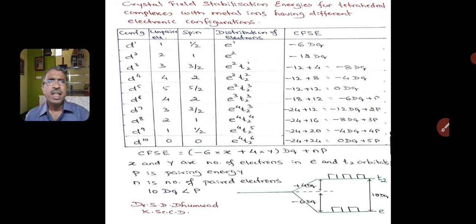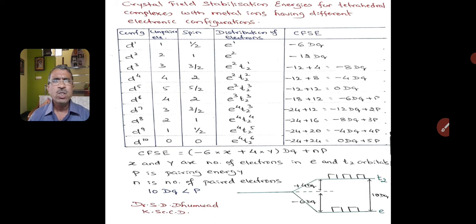For d3 system, 3 unpaired electrons, spin is 3/2, electronic configuration becomes e2, t2^1. So here it is minus 12 plus 4 is equal to minus 8 Dq. For d4 system, it is e2, t2^2. Hence it becomes minus 12 plus 8, which is minus 4 Dq.